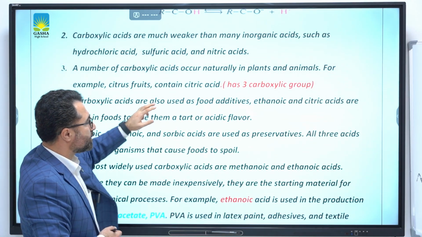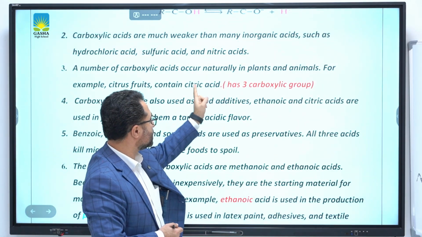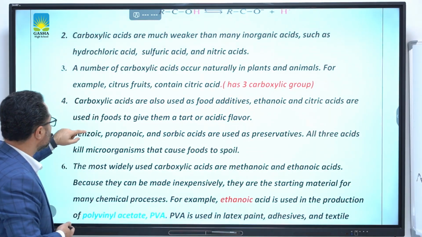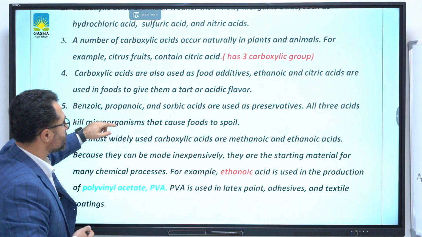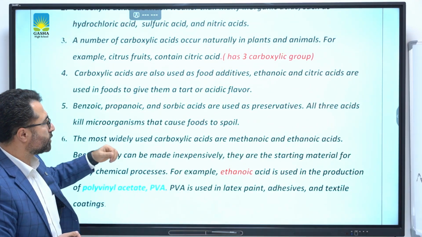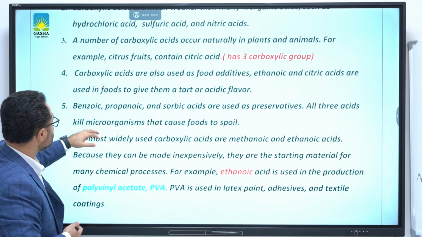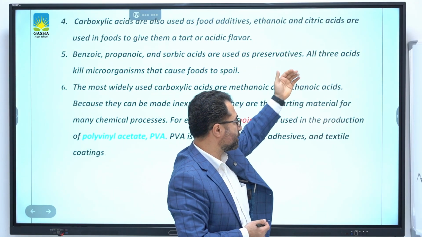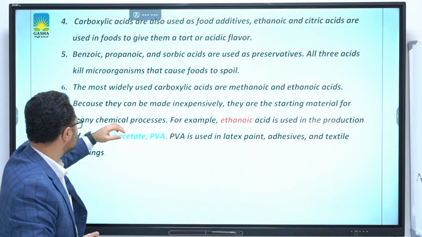Citric acid, in lemons, has 3 carboxylic acid groups, you have to memorize it. Some carboxylic acids are used as food additives, like citric acid. Acetic acid is vinegar. And benzoic acid can be used as a preservative.